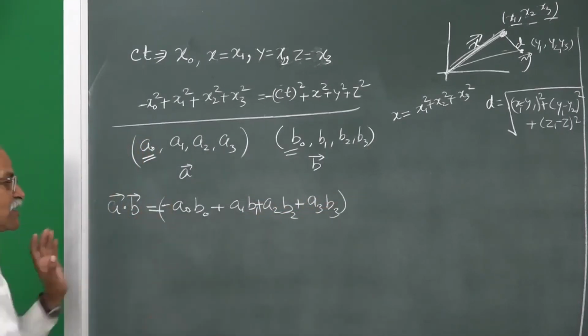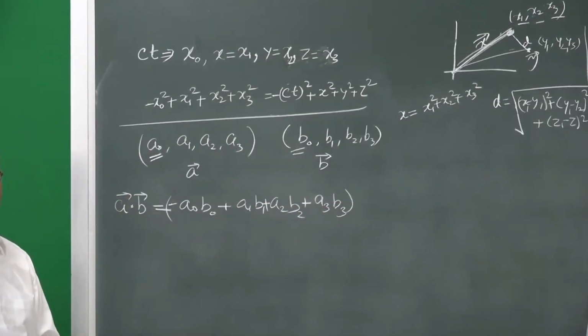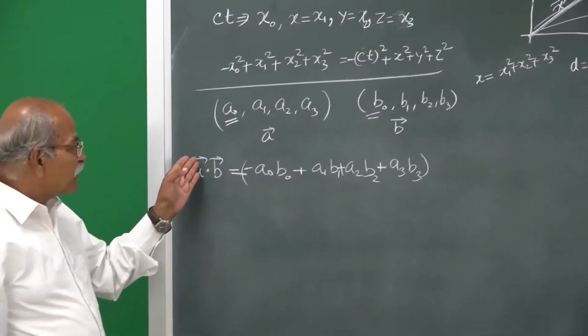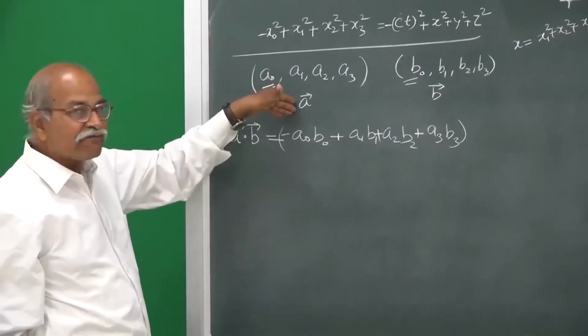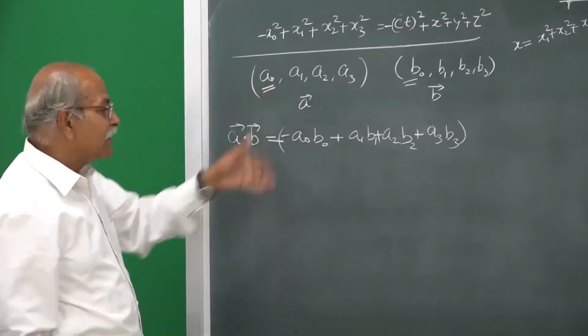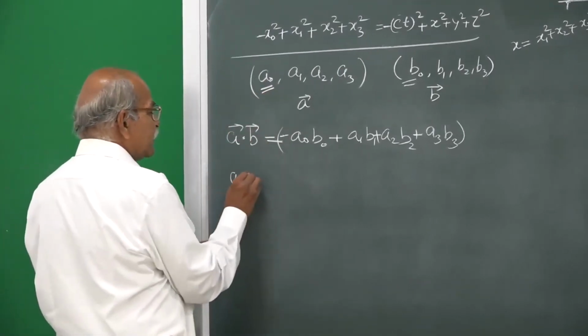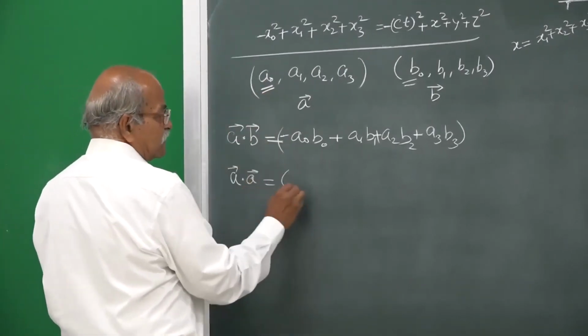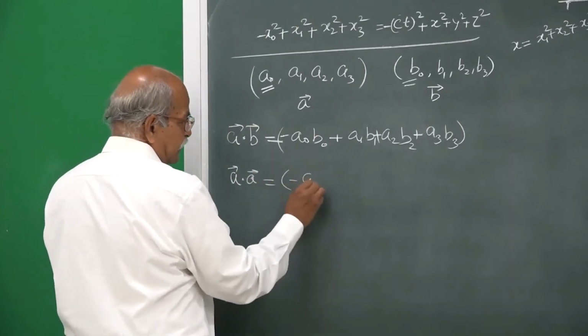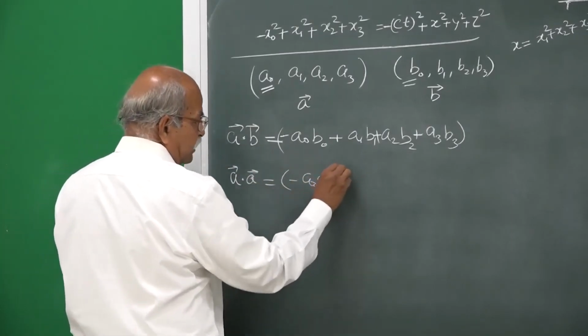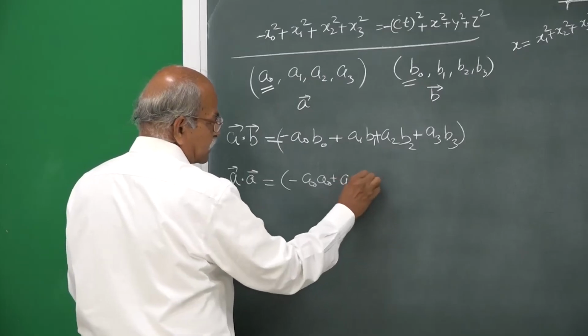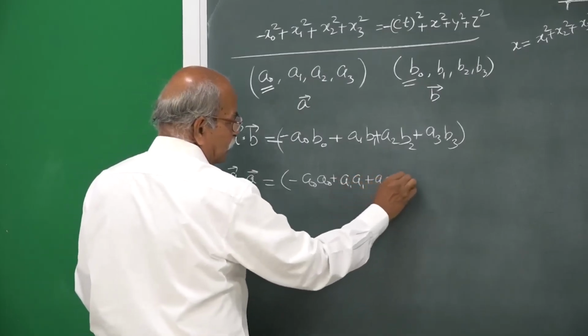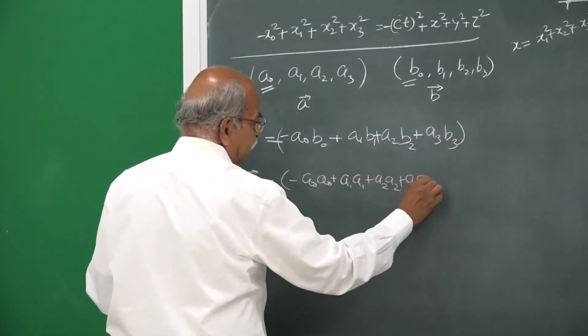If you define the dot product this way and take the dot product of a particular vector with itself, then you will have A dot A, which is minus A0 A0 plus A1 A1 plus A2 A2 plus A3 A3.